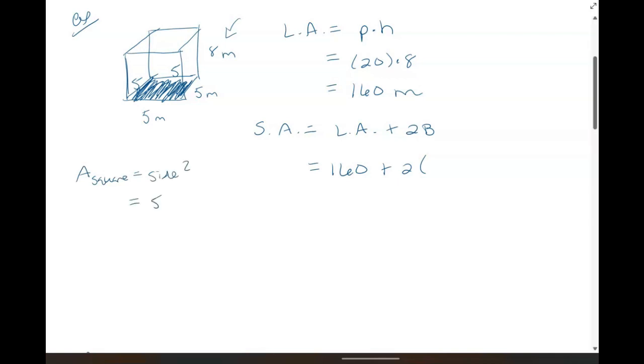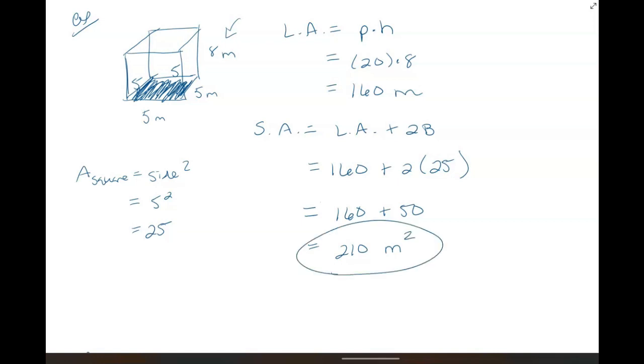In our case, it's 5 squared, which is 25. So the area of the base is 25, 5 times 5. So you're going to get 160 plus 2 times 25, which is 50, which gives you 210 meters squared.